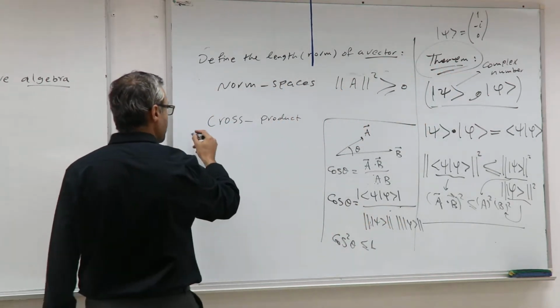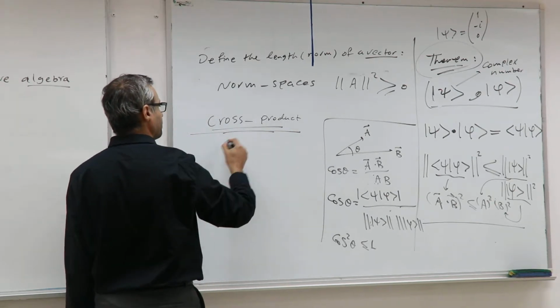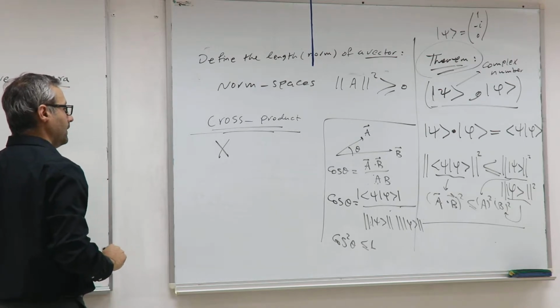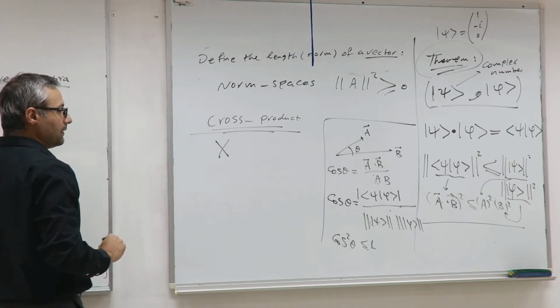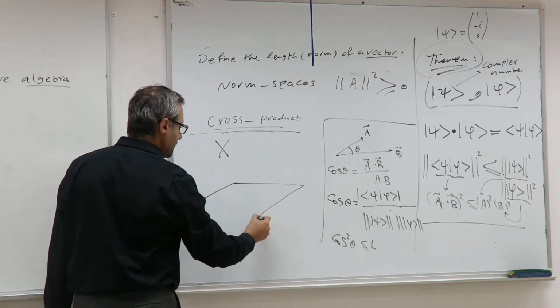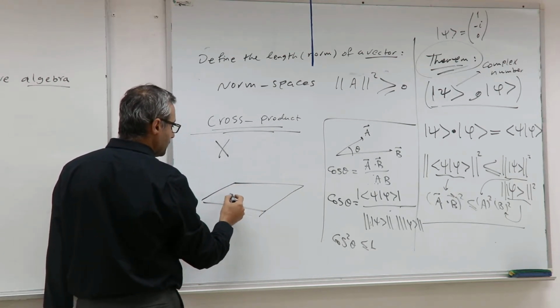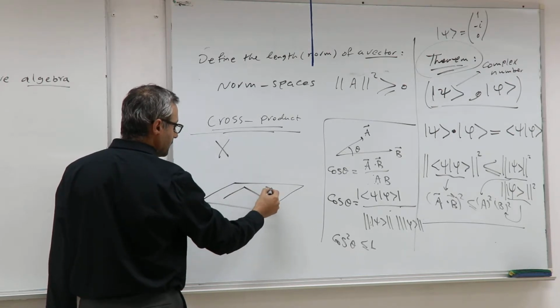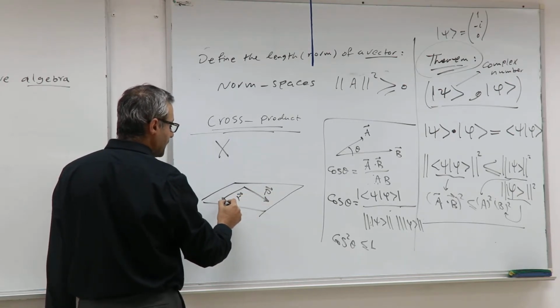What about the cross product? In physics, several times you have two vectors in one plane, but you can make a combination of them, and the combination will be out of the plane. For example, you have a particle.